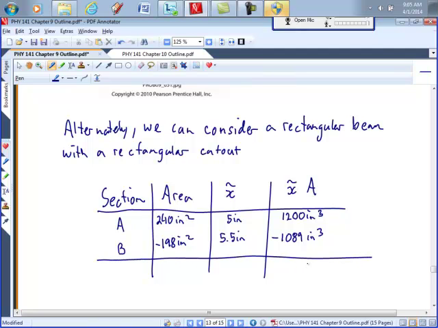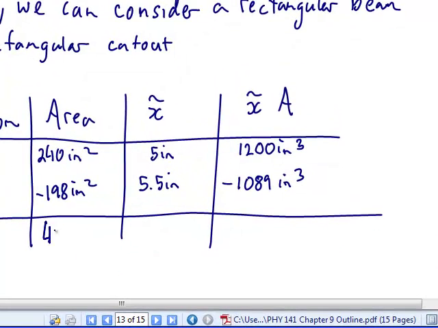Add up these two columns. This one's 42 and this one's 111.